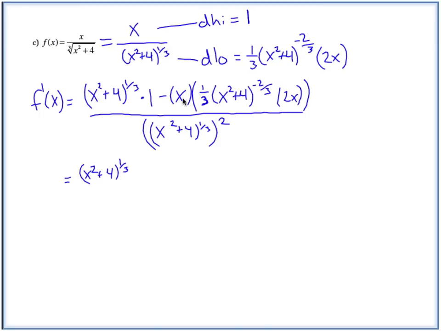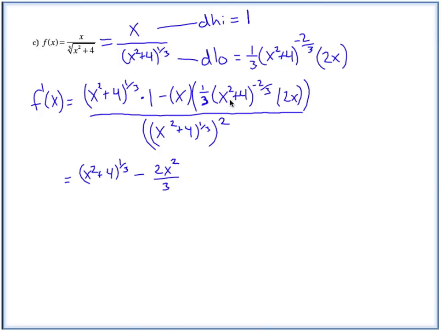Okay, over on this side here, let's go ahead and multiply the 2x times the 1/3 times the x. And so that's going to give me minus 2x squared over 3.